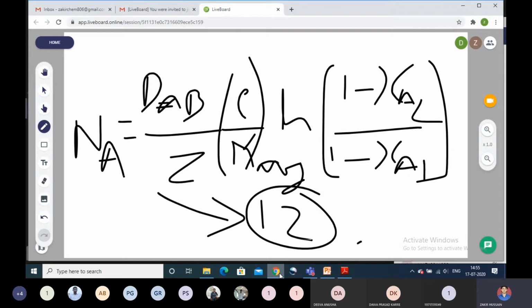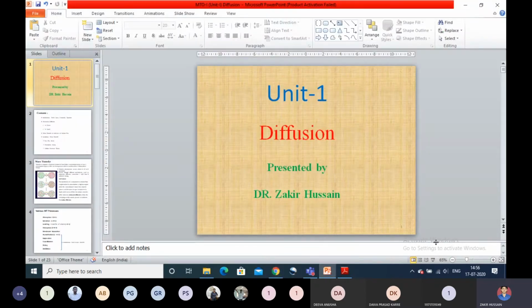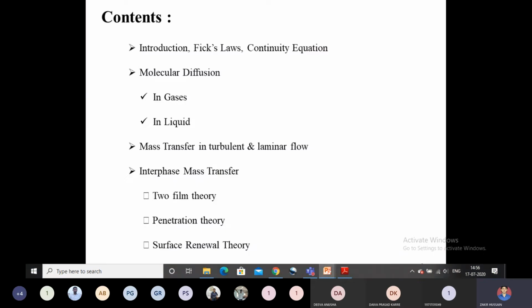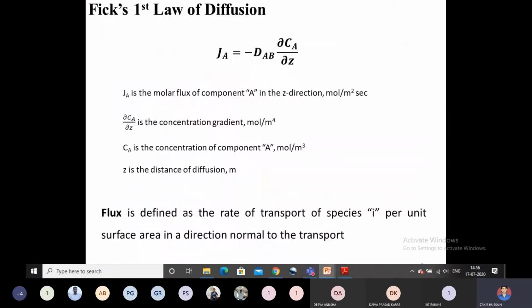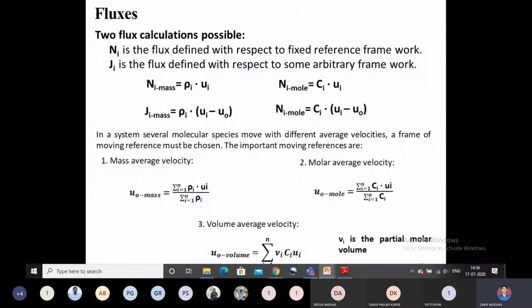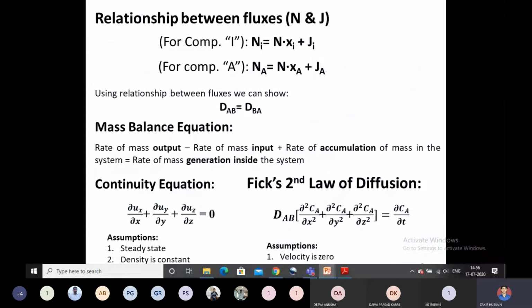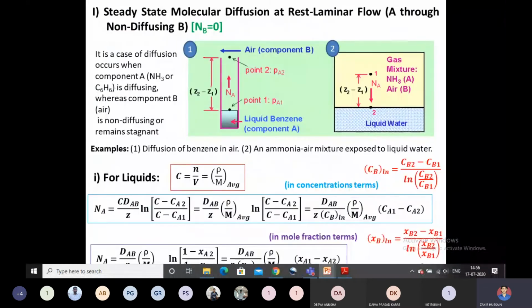From now onwards, these equations are on the PPT, so I am showing the PPT. We have already seen these equations: this is equation 9, this is equation 10, and this is equation 12.